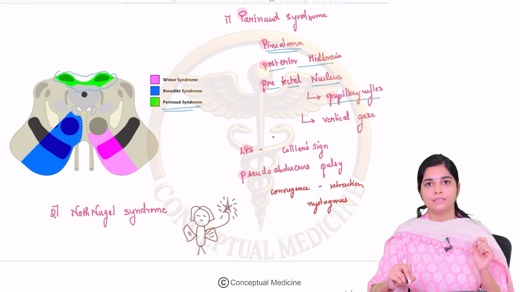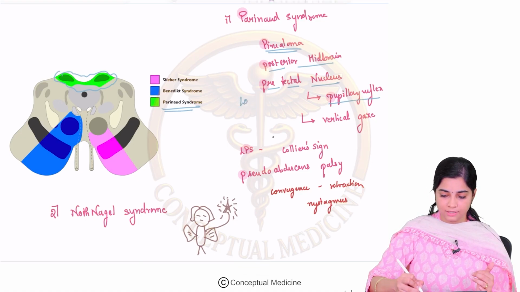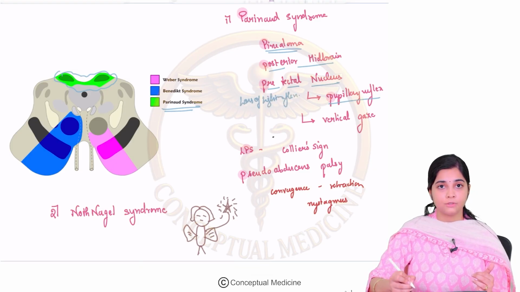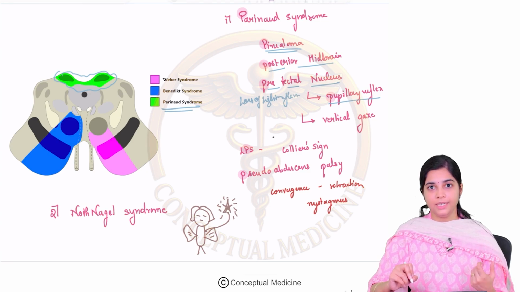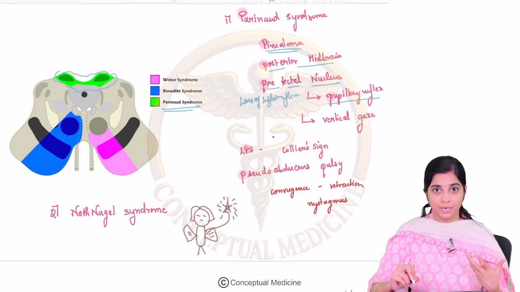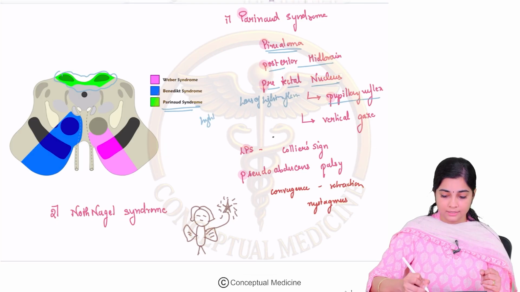So if the pretectal nucleus is damaged in Parinaud syndrome, there is loss of your pupillary reflex or light reflex. What does the pupillary reflex do? Whenever you shine light, there should be constriction of the pupil, right? So this is lost.